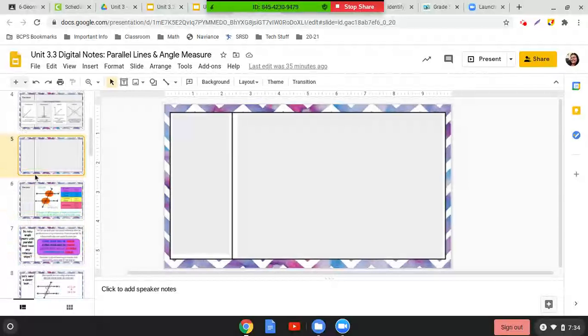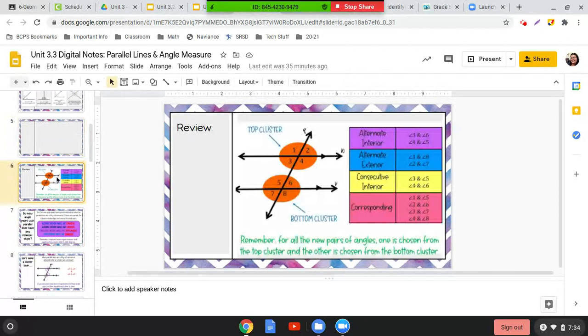Well, I didn't put anything on there. Oh, here we go. So in just a quick review, the types of angles that are formed when we have parallel lines cut by a transversal are alternate interior, alternate exterior, sorry guys, consecutive interior, and corresponding.